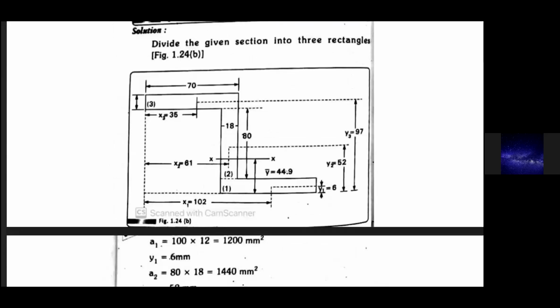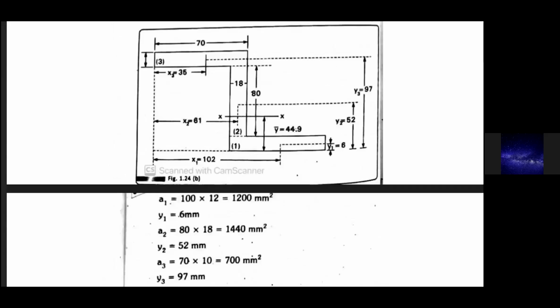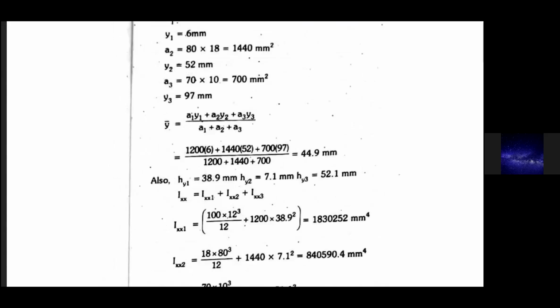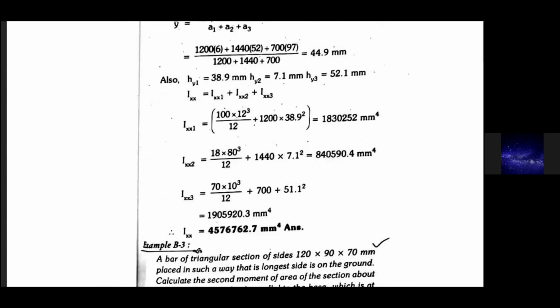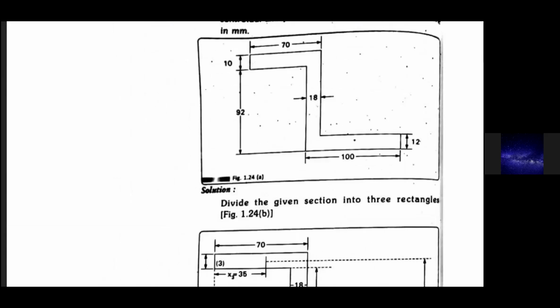The first rectangle is 100 cross 12. The second rectangle is 80 cross 18, and the third rectangle is 70 cross 10.